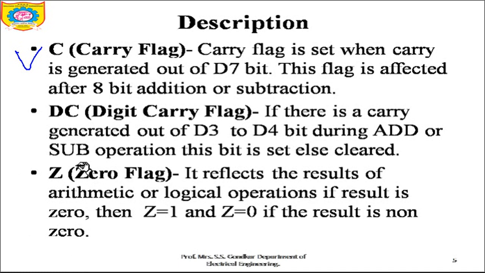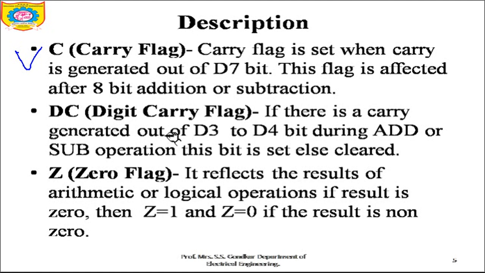After that we have the digit carry flag. It is set to 1 if there is a carry due to addition of the lower 4 bits into the higher 4 bits, or if there is a borrow. That is, if there is no carry from bit number 3 to bit number 4, at that time DC is equal to 0.